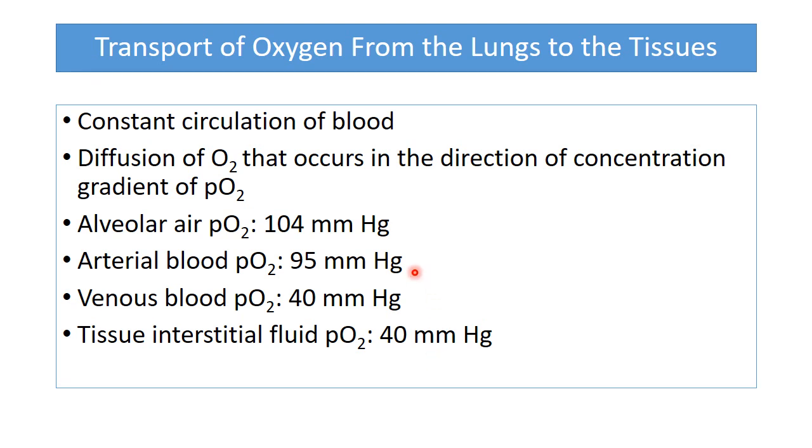So from the pressures here, it is clear that oxygen will easily move from the higher concentration to the lower one, that is from the alveoli to the tissue, or you can say cell, by the difference in the partial pressure gradient.